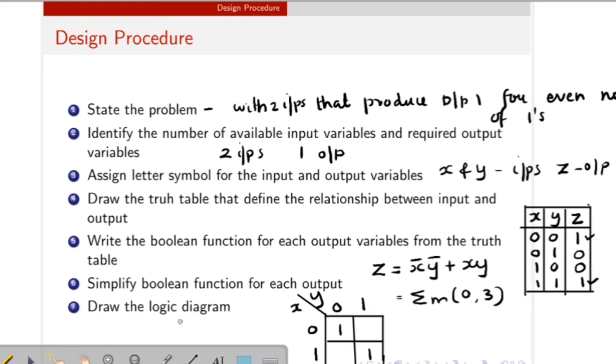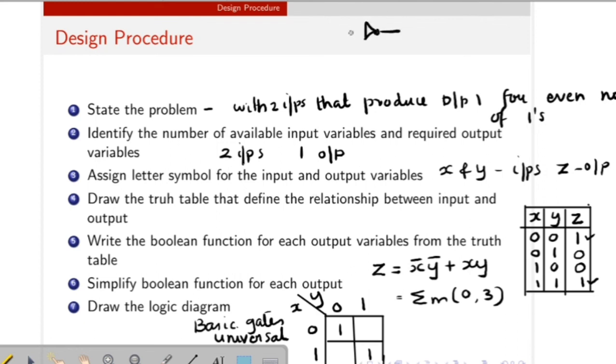So next is draw the logic diagram. We can draw the logic diagram using basic gates and also universal gates. Universal gate means we can use the NAND logic and also NOR logic. To draw the logic diagram using basic gates, first preference is for inverters. So first we invert to get x bar and y bar.